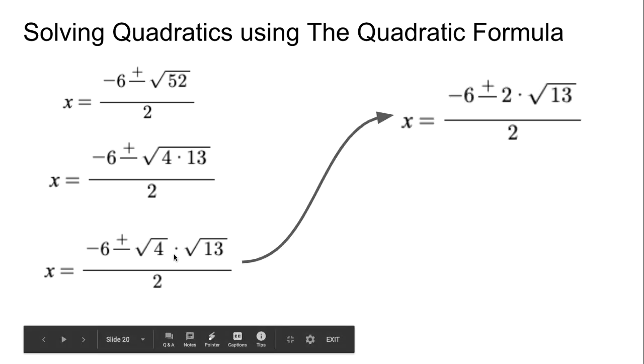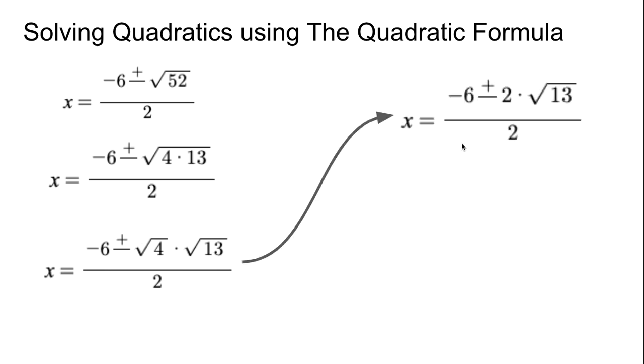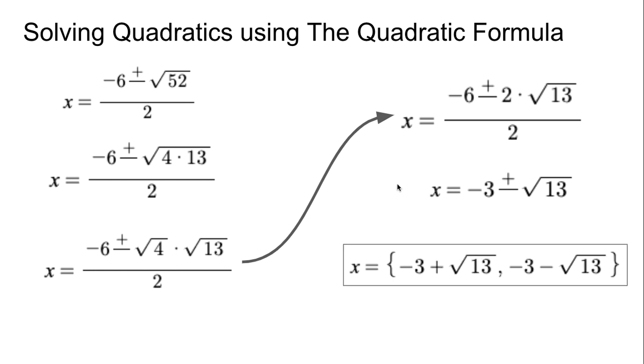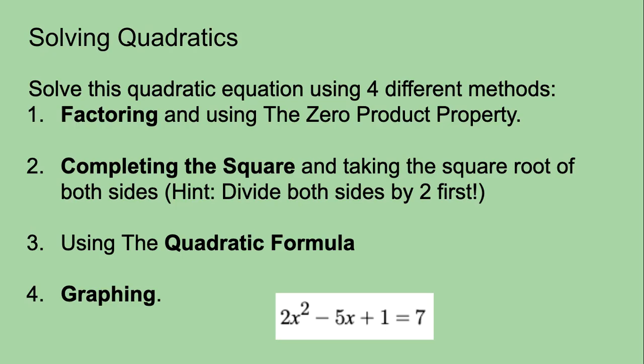And when I do that, the square root of 4 is 2. Now I can actually do some division to simplify this a little bit. And now you're starting to see that our solution is the same as it was when we solved this problem by completing the square.